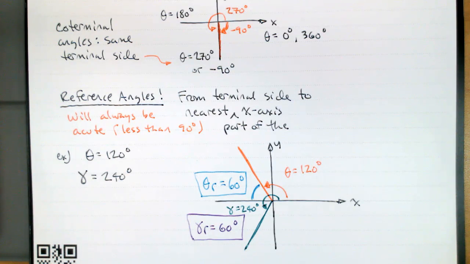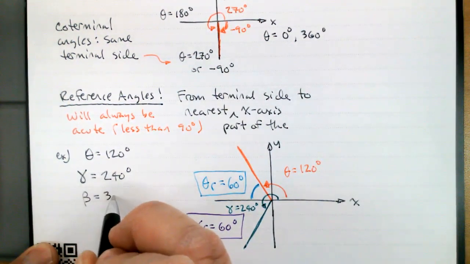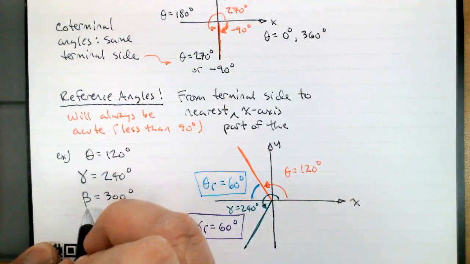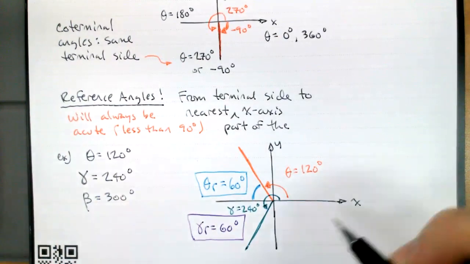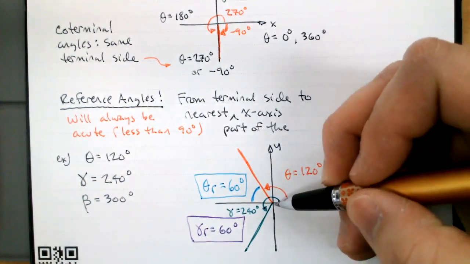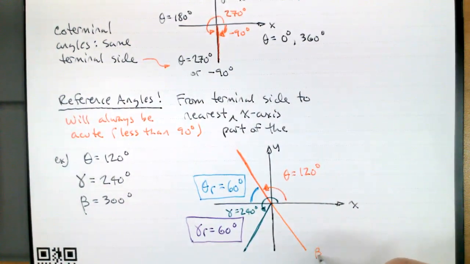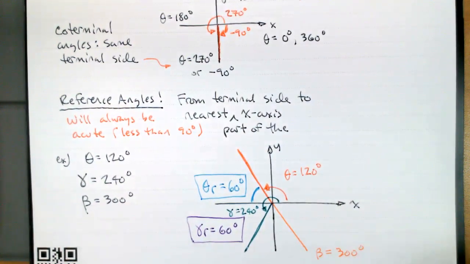If we're in the fourth quadrant, let's say I put angle beta in the fourth quadrant, so 300 degrees will be between 270 and 360. If this is where angle beta is at 300 degrees, here we're going to go forward to the positive x-axis.